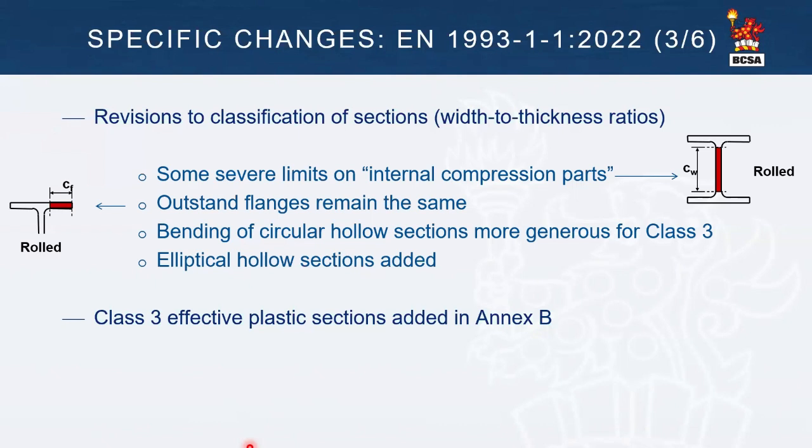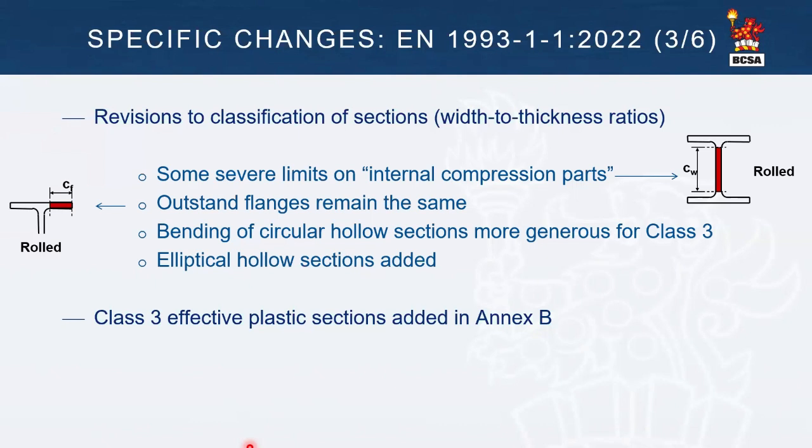Just as a final remark, and I think we will look at that in the next slide, there are new rules for semi-compact sections, and these can now be found in the new Annex P. It often will mean that the resistance of a class 3 section will be based on effective plastic properties, which can be very close to the plastic resistance.